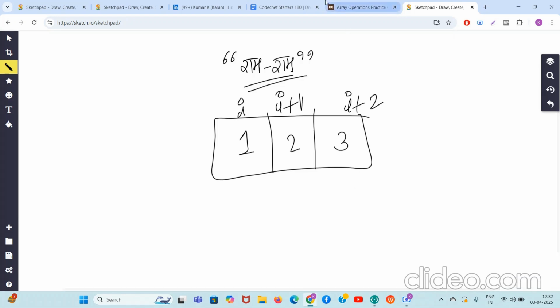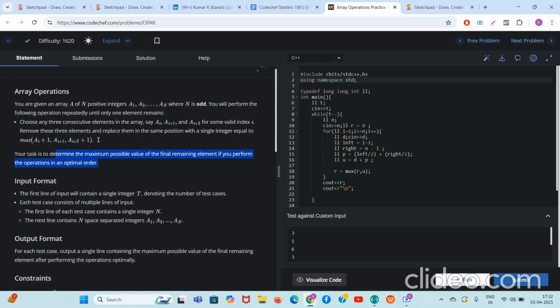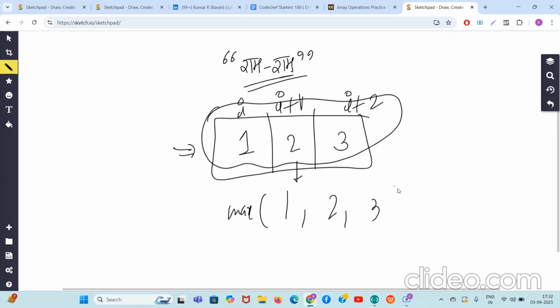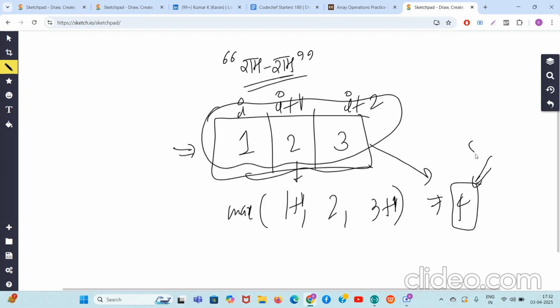If I select this, I have to replace them by the max of these three numbers: max of 1, 2, 3, but the first number and the last number can each be increased by 1, which is max of 2, 2, 4, which is 4. So 1, 2, 3 will be converted to 4, and 4 is a single element. So guys, 4 is the answer.